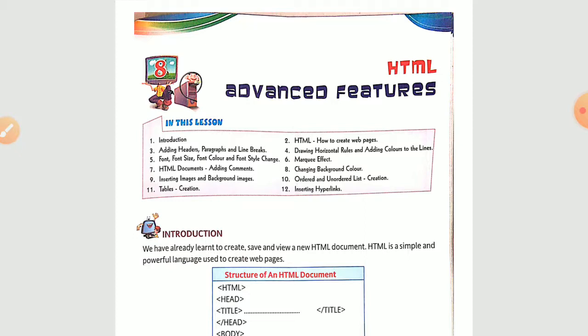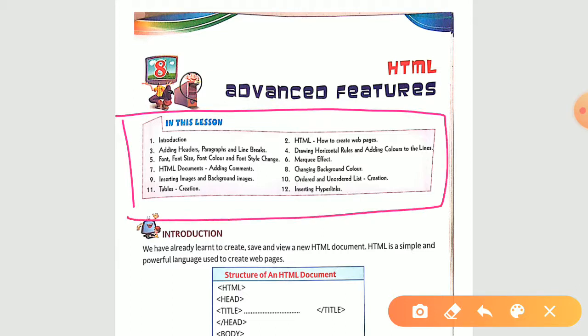Now firstly you see this box, the content, particularly what you are going to learn in this chapter, that is your introduction. Second is HTML, how to create your web pages, we are going to learn it. Third one, how we are going to add our headers, paragraph, line break, all these things, with the help of what kind of tags we are going to do it. Everything we are going to learn in this chapter.